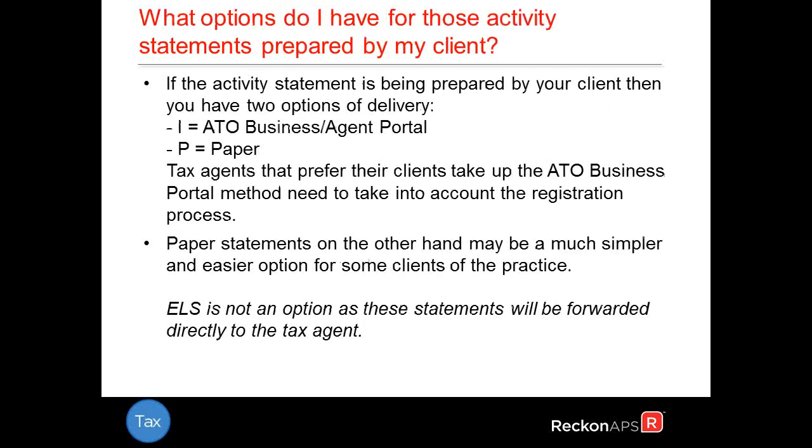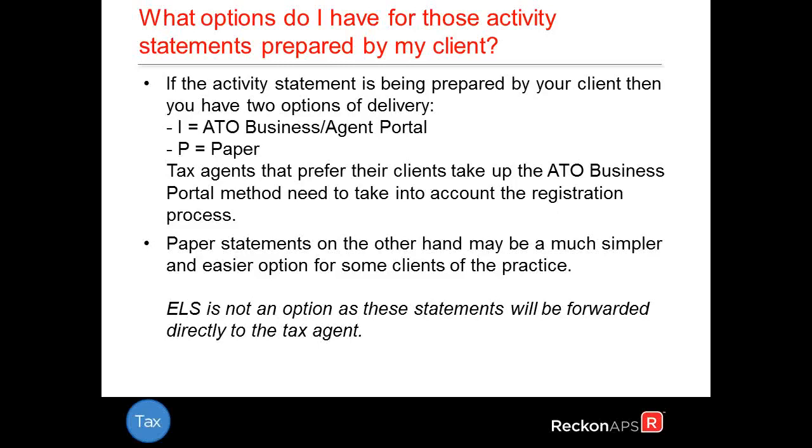So what options do I have for those activity statements prepared by my client? So if the activity statement is prepared by your client, then you have two options of delivery. I, which is the ATO business or agent portal. So obviously in the case of your client, it would be the ATO business portal, or P for paper. Tax agents that prefer their clients to take up the ATO business portal method need to take into account the registration process.